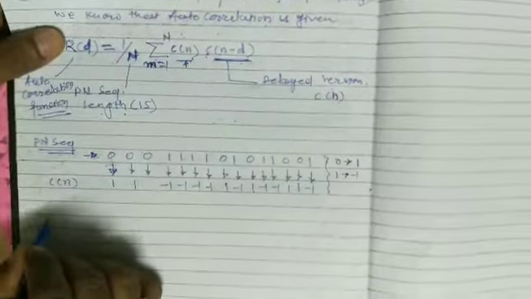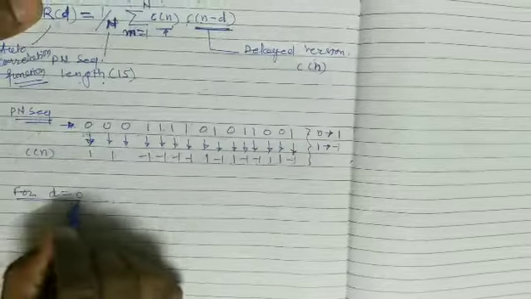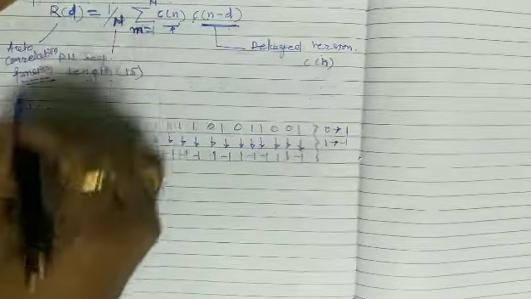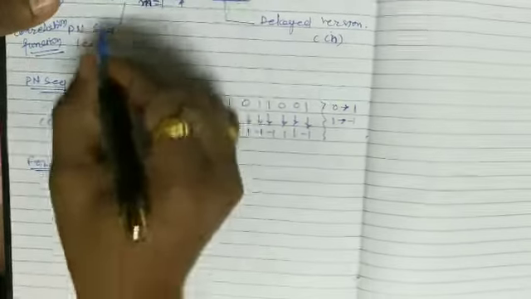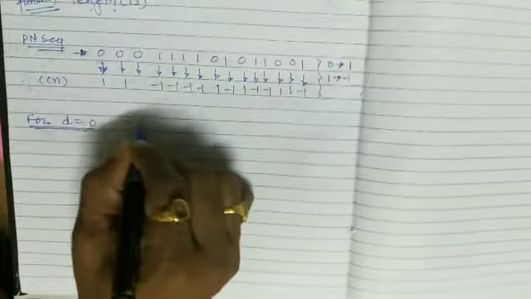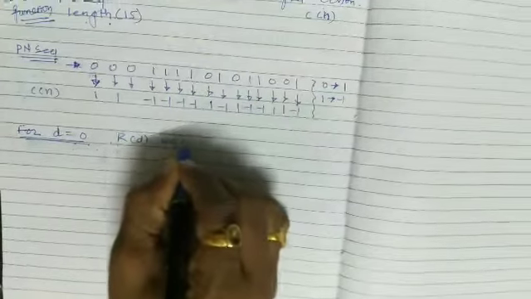Now for d is equal to 0, consider the autocorrelation function, that is r of d is equal to 1 by capital N summation.